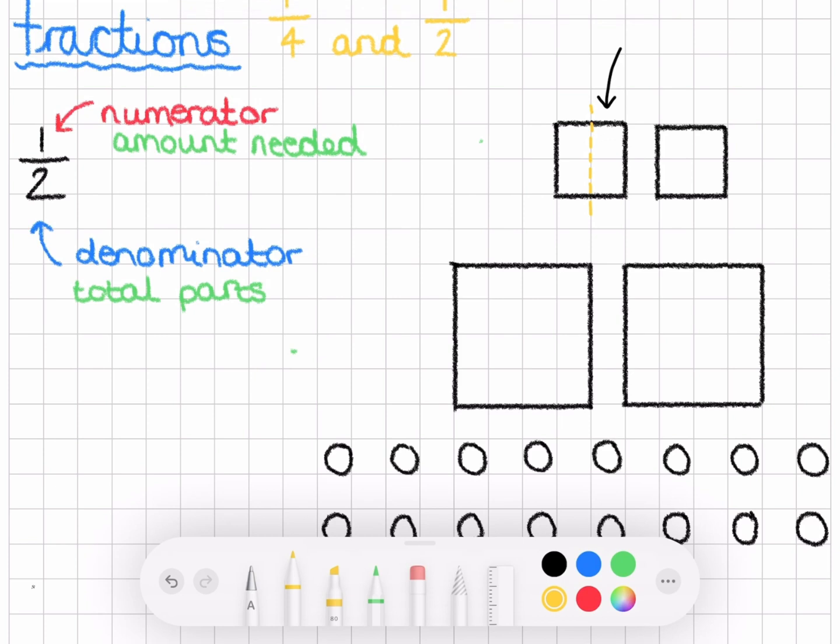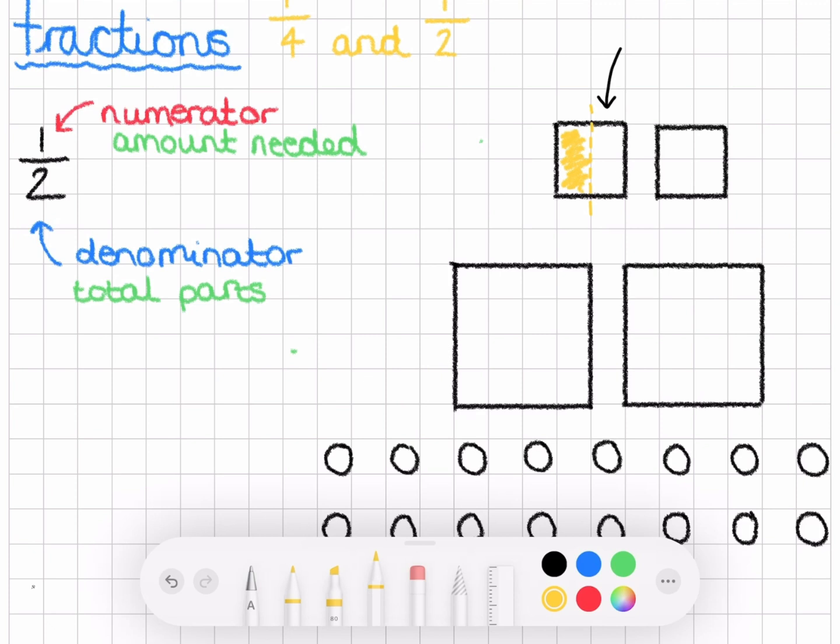Now we have 2 parts in total, but we need to shade 1, because that is our numerator, that's how many we need. So I'll take the crayon and shade one of those 2 parts, and now we have the fraction 1/2.